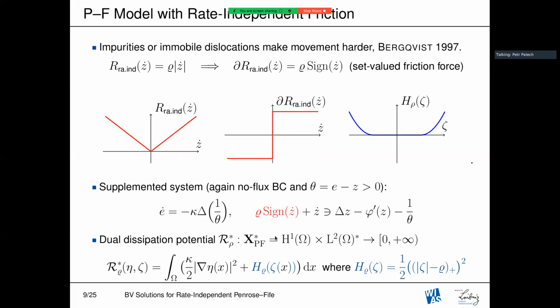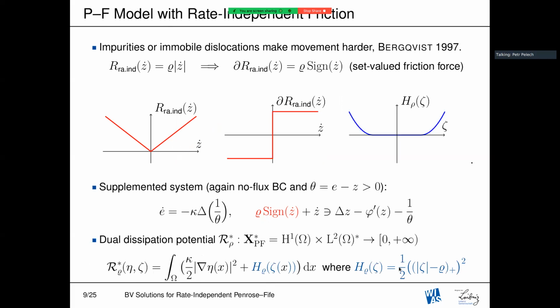And this is how the dual dissipation potential is then changed. It's still quadratic in the first coordinate, but for the driving force of the phase field we have this H rho function.